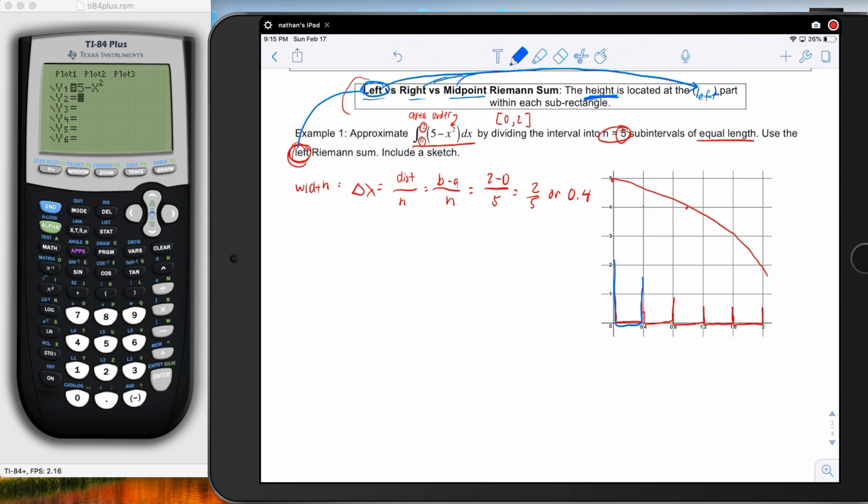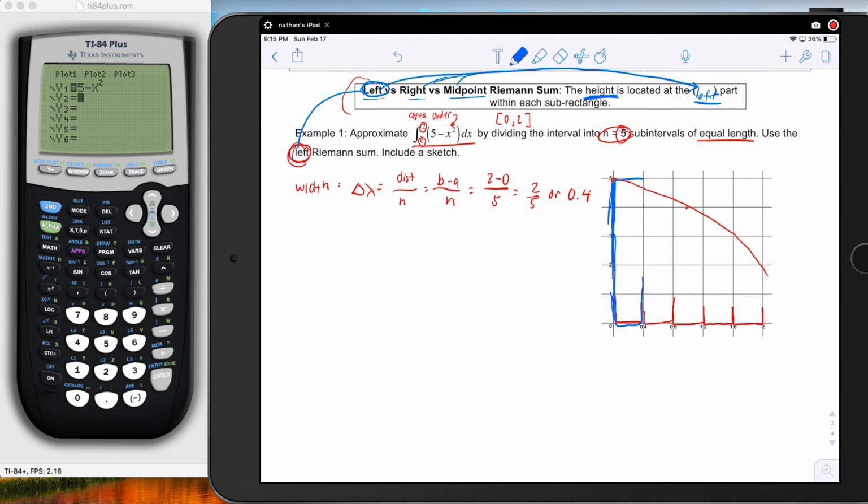Okay, so here's our rectangle. The height, how high does it go? Does it go that high? Does it go this high? I don't know. So the height of each rectangle is at the left part of each rectangle. Let me erase these. Okay, so here's the left side of the rectangle, and where it crosses the function, that is my height right there.